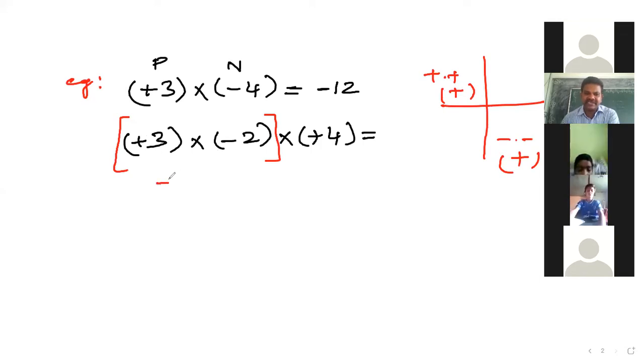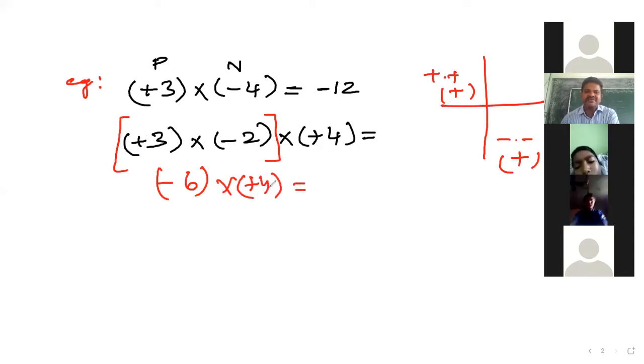Definitely we'll get minus: -6. Then into this positive: minus into plus also gives a minus integer. 6 4s are 24. So if there are more than 3 integers, you just use the associative property and we will get the product.